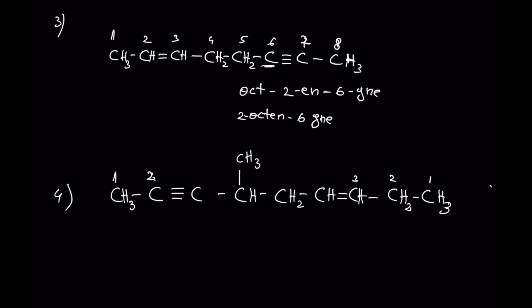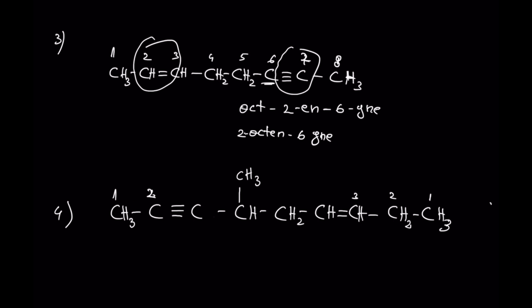In this case, the triple bond takes the lead, because it's not like the previous example that we had here, where the triple bond and the double bond were at the same possible number. So in this case, you are going to give the lowest possible number to the triple bond.